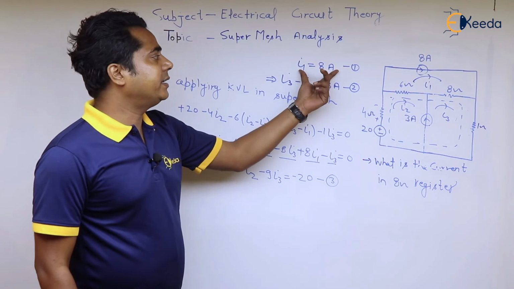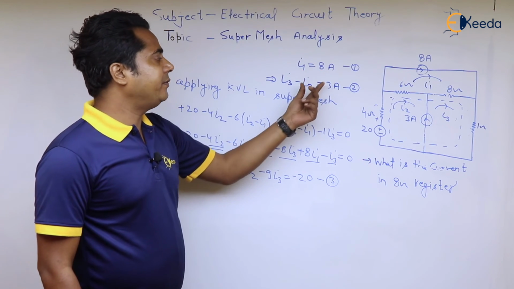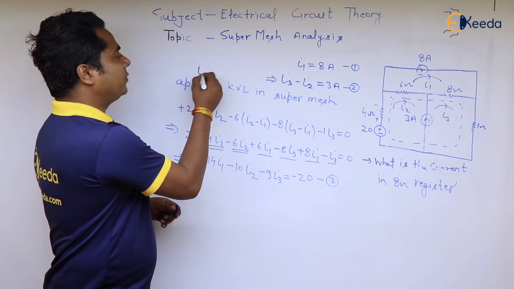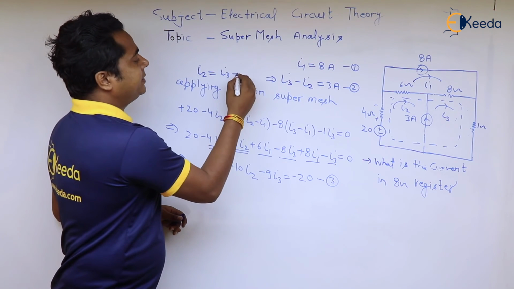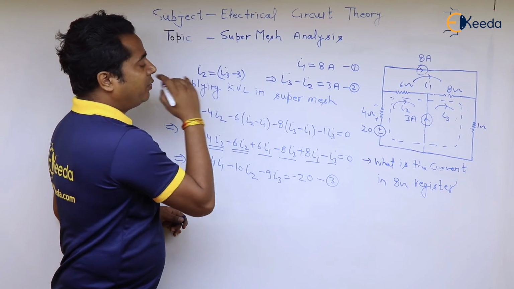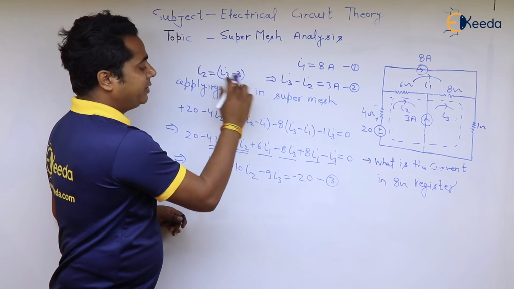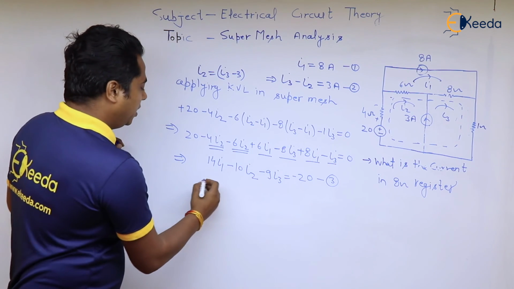I1 is given as 8 ampere and we can write I2 is equal to I3 minus 3. And both the values of I1 as well as I2 we are going to put in equation number 3.